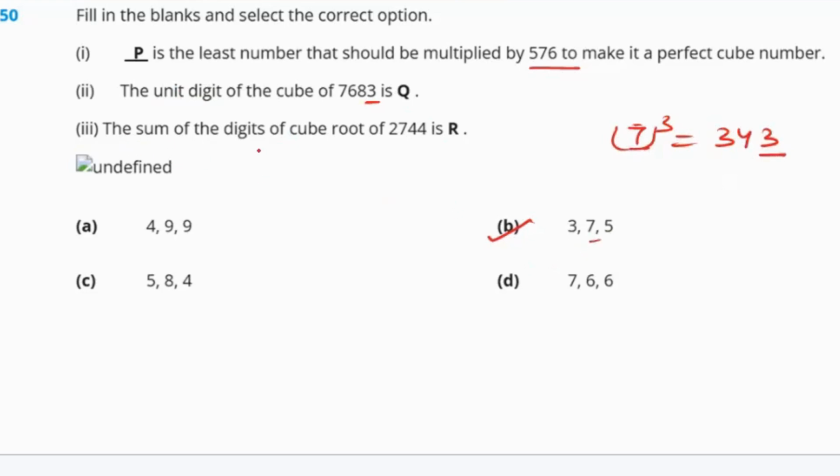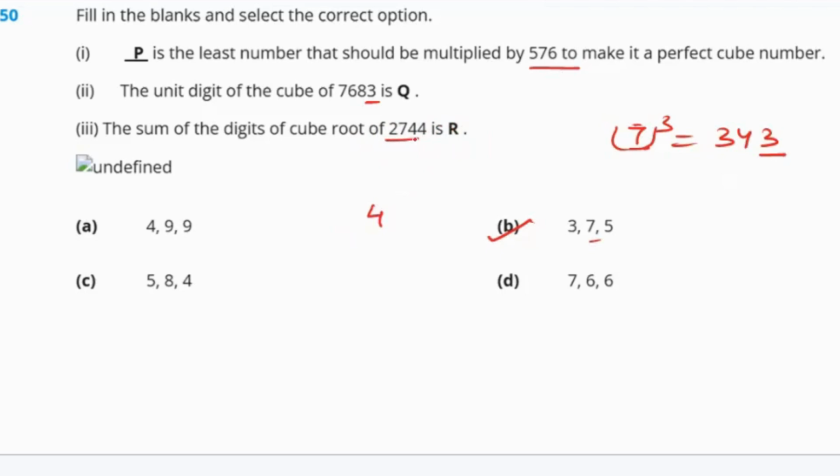Now the third one is, the sum of the digits of the cube root of 2744 is. Sum of the digits it is asking, okay, of the cube root of this number. Okay, so the last digit is 4, and 4 comes in the cube of 4 only, so that has to be the 4 only. Okay, and now it is what, 274.